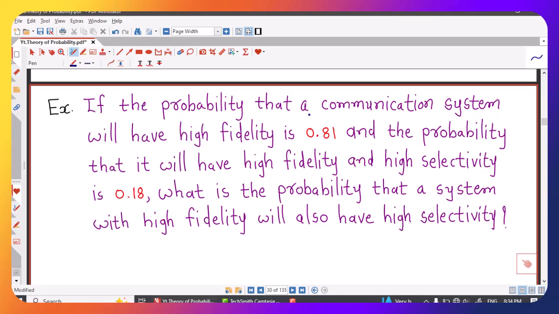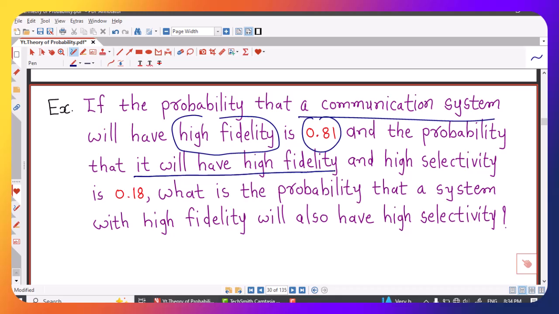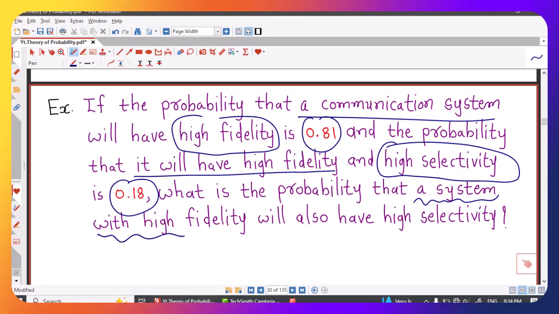It is given that the probability that a communication system will have high fidelity is 0.81, and the probability that a communication system will have high fidelity and high selectivity is 0.18. We have to find the probability that a system with high fidelity will also have high selectivity.